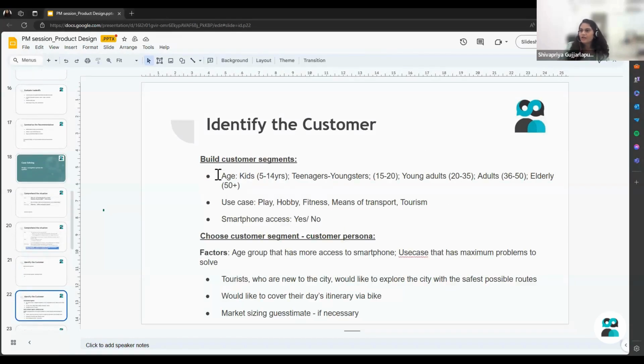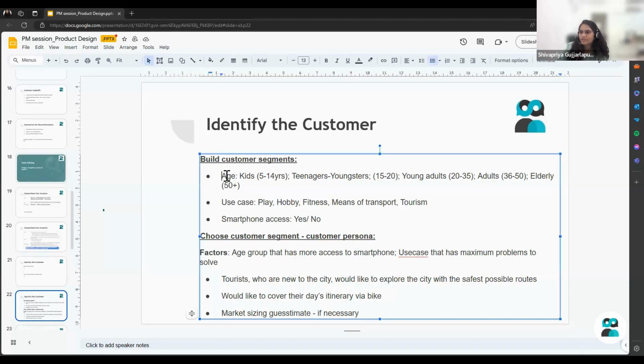I went after three specific factors to determine that my segments are not overlapping. I used age group, like kids, teenagers, young adults, elderly. Use cases can be like playing, hobby, fitness. Everything I listed is already listed by you folks, so that's amazing to see.